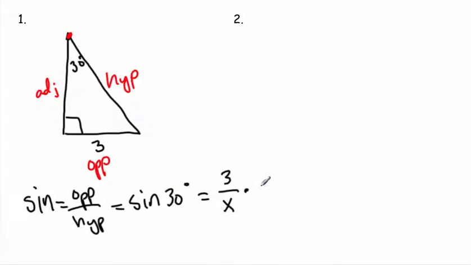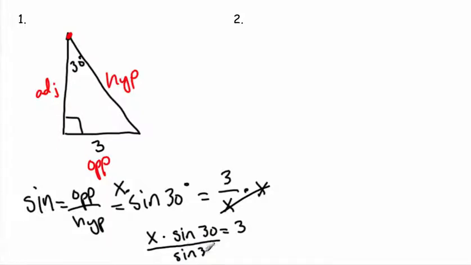The first thing I'm going to do is multiply x by both sides. So that cancels, and then I get x times sine of 30 equals 3. Now I will divide both sides by sine of 30, and that will tell me what x is. So those cancel, and x turns out to be 3 divided by sine of 30.